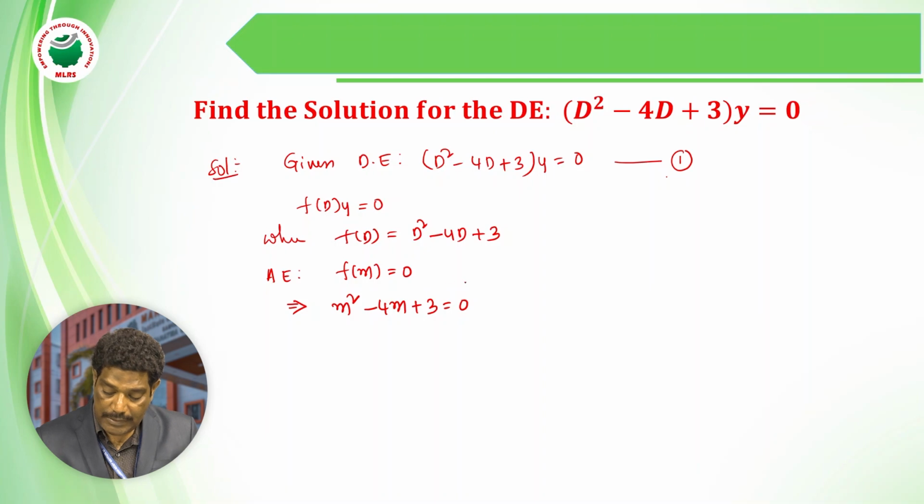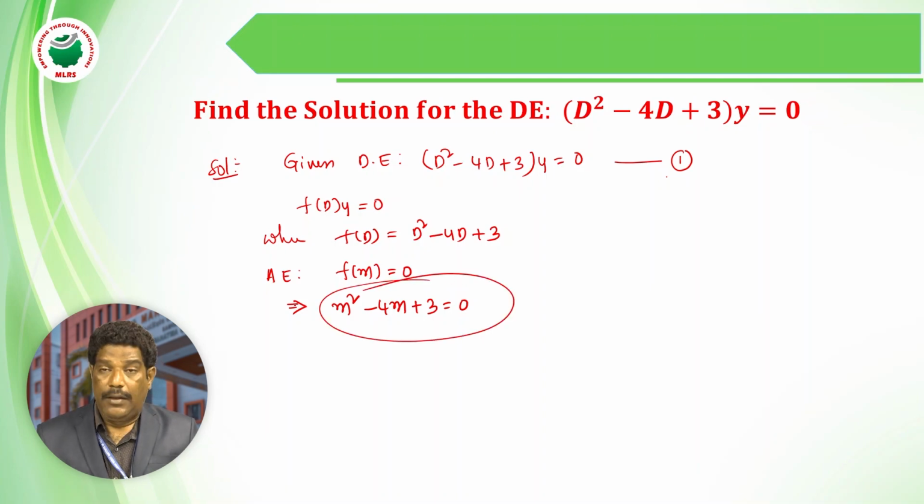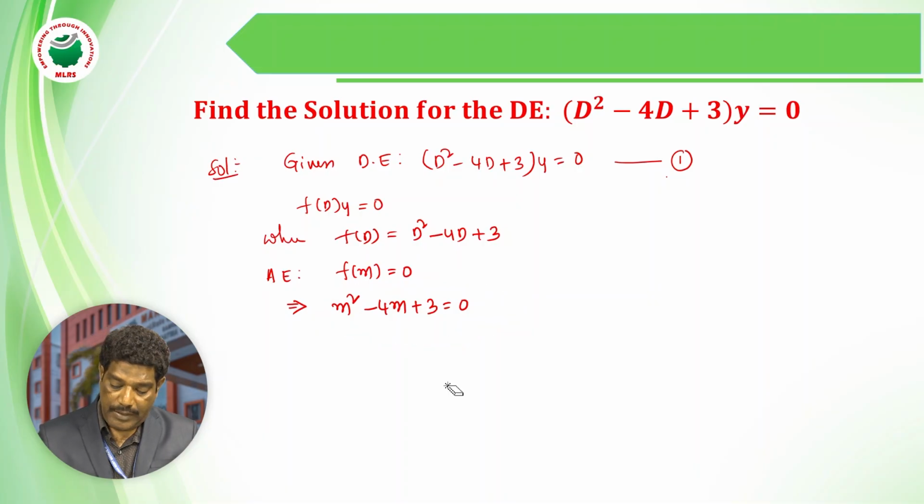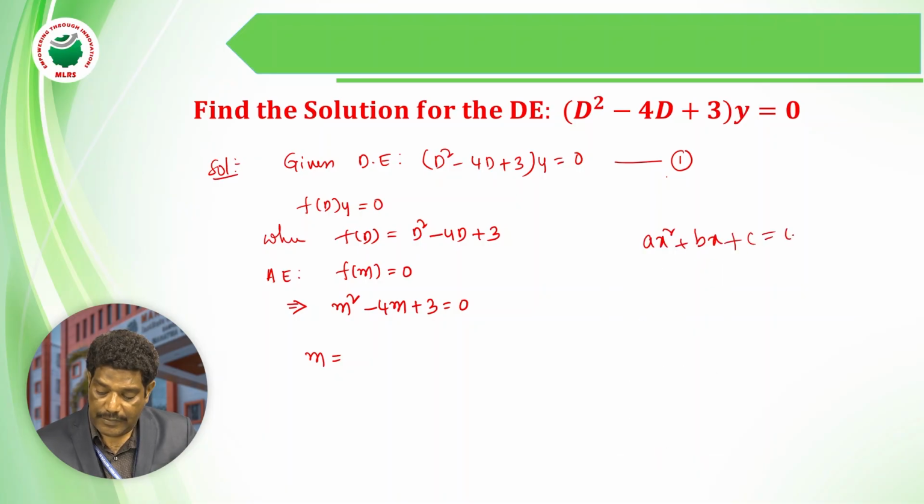Here you can observe this is a quadratic equation in m, that is a second degree algebraic equation. Now we need to solve it using whatever methods you know. You can solve this using, suppose a x square plus b x plus c equals 0, which is an algebraic equation.